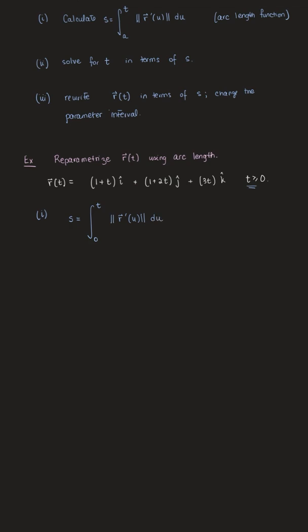All right, so let's take the derivative. We need to evaluate this integral. We're going to take the derivative of our vector function and find its magnitude. So that's going to give us the derivative of 1 plus t is 1, the derivative of 1 plus 2t is 2, and the derivative of 3t is 3.